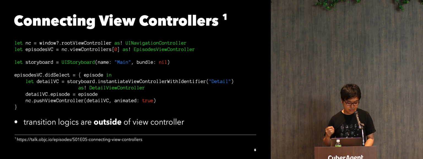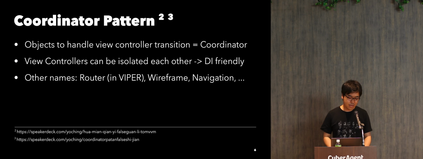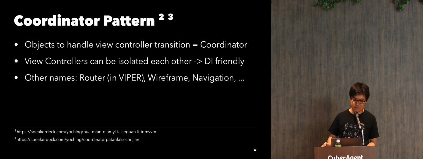It just executes the closure with the episode, and the actual transition is handled by the coordinator. So a view controller only has to care about its own dependencies, not other view controllers' dependencies. I think this is a very good first point to think about dependency injection in view controllers.